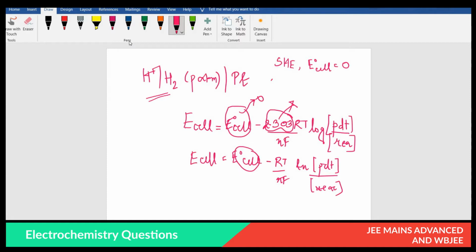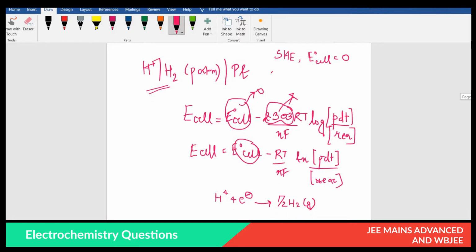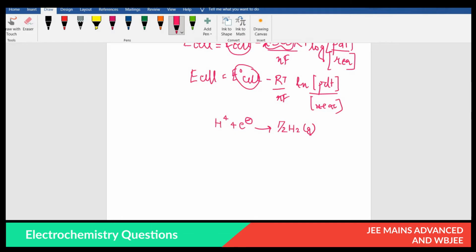Okay. Now, let us first write the equation. What is the equation suggesting? H plus upon gaining an electron, that is upon reduction, is converting to half H2. Is that right? Now, for writing the E cell value, we will write E cell equal to minus RT.